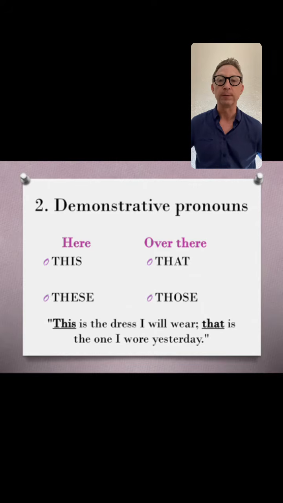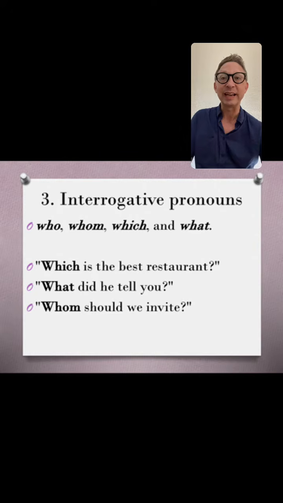Those is the plural. So we would say, these are the dresses I will wear. Those are the ones I wore yesterday. So you can see how the plural works. So that's demonstrative. Demonstrate is to show. So when you're showing people, oftentimes that's a clue. This or that. That might help you remember that name.